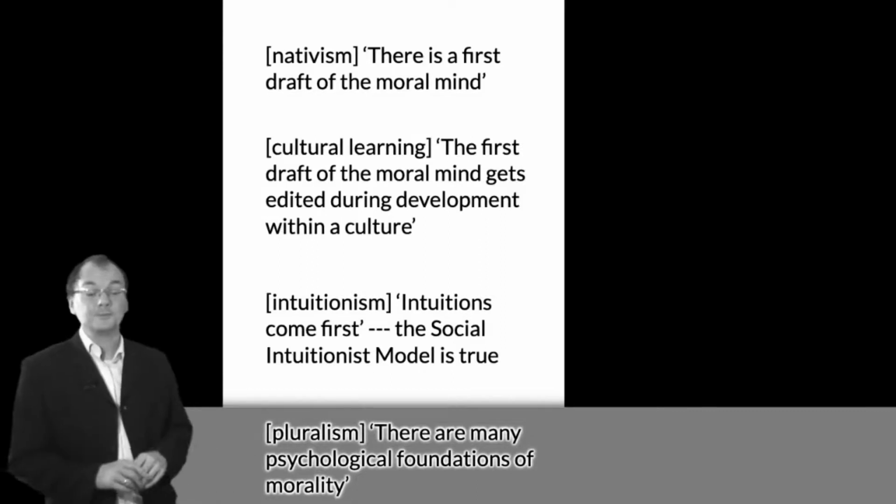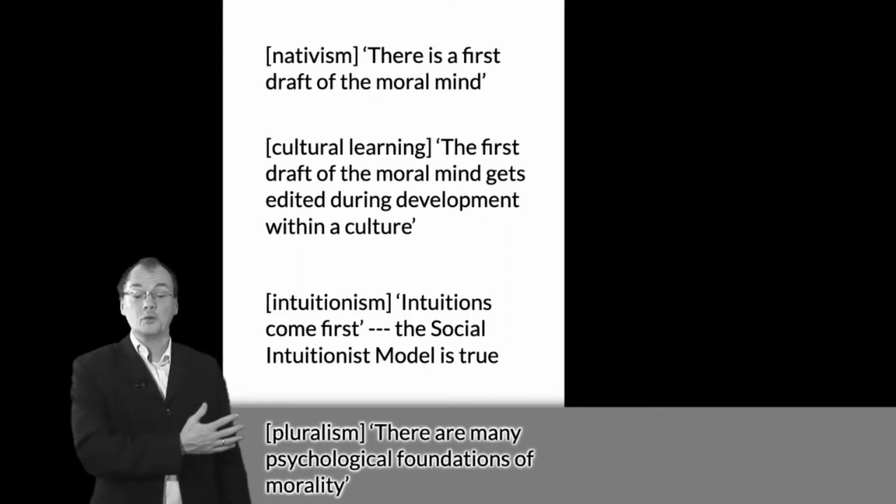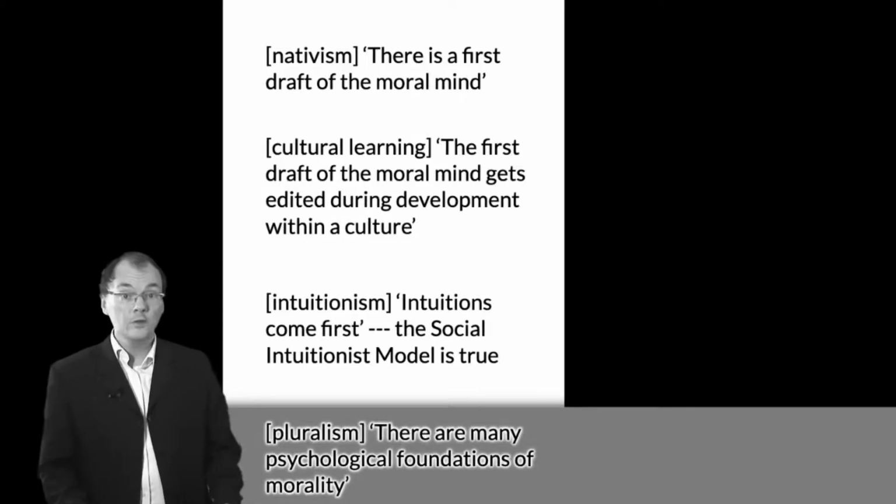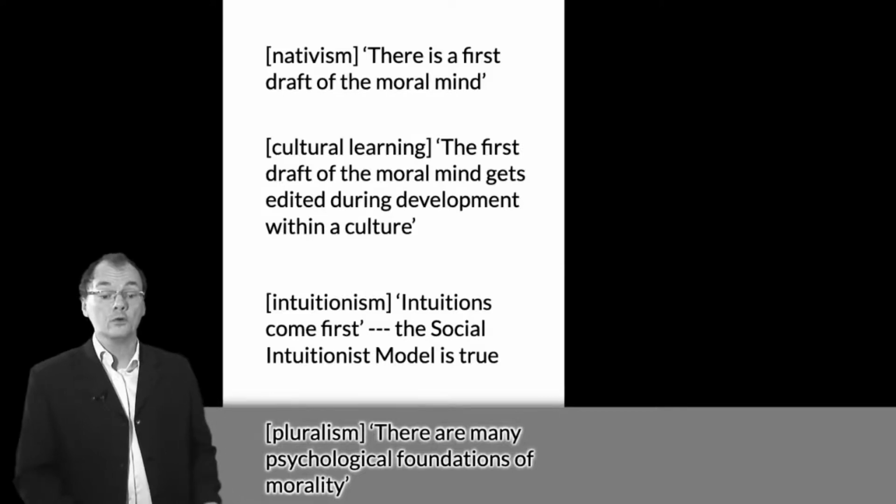Interesting. So the pluralism, I think, is an important contribution. It's important to recognise that different people have different senses of which issues are moral and which are not. Some people have, for example, food taboos that they regard as moral issues.